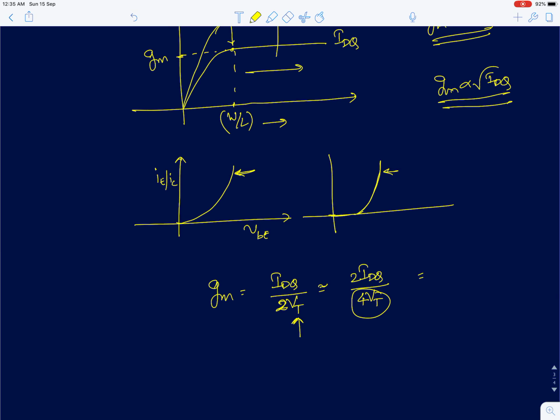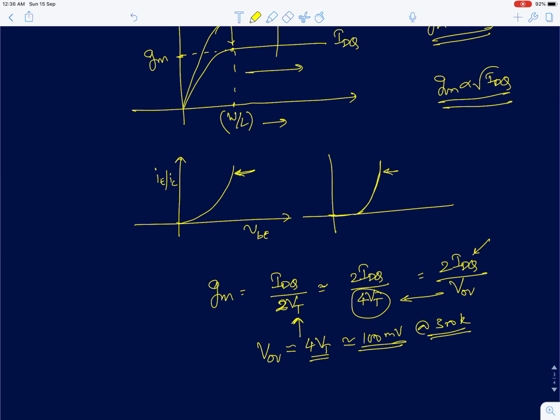We are used to using the expression for the GM of a MOSFET in terms of the drain current and the overdrive voltage. So if you compare this, it tells us that when your device overdrive voltage approximately reaches 4 VT, which is approximately 100 millivolts at 300 Kelvin, your device should nearly start entering the subthreshold regime.